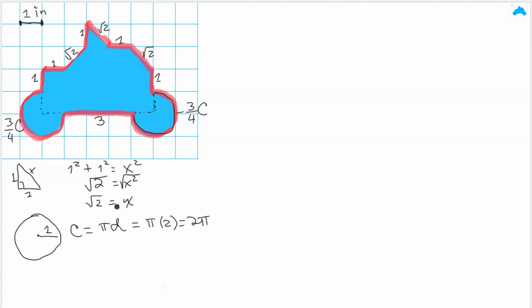So then this part there is 3/4 of a circumference, and that would be 3/4 of 2 pi. Multiply straight across. 2 pi is like 2 pi over 1. You have 6 pi over 4. Reduce 6 pi over 4, you have 3 pi over 2.